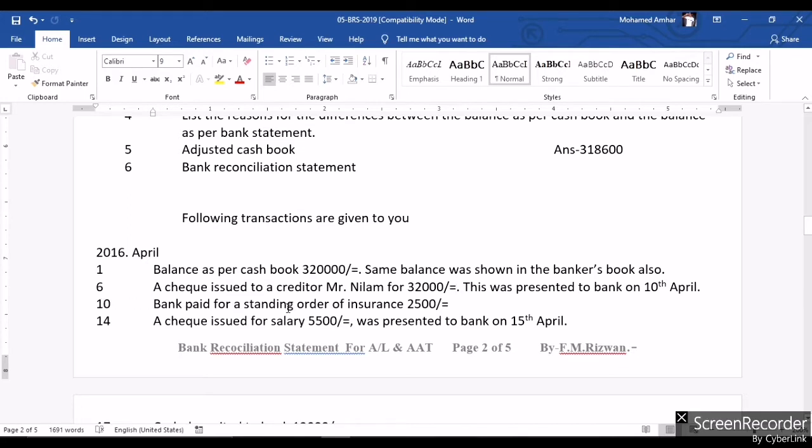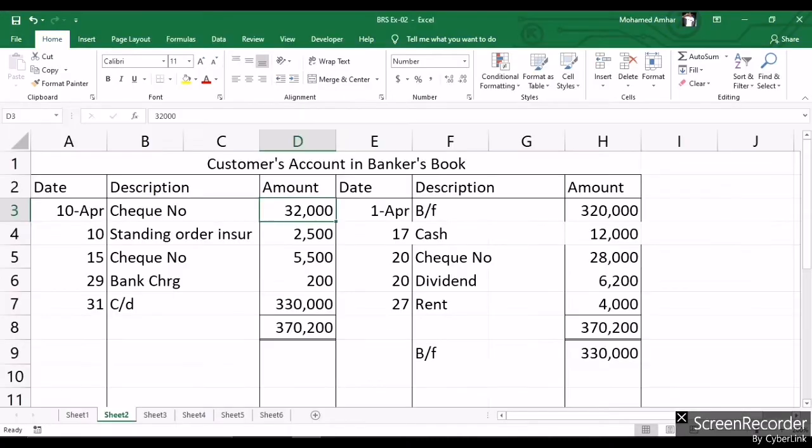The bank paid for a standing order of insurance 2,500. Right. This organization has given a standing order to the bank. So you know that a standing order means we can give some orders to the bank to pay any amount on behalf of the organization's name.